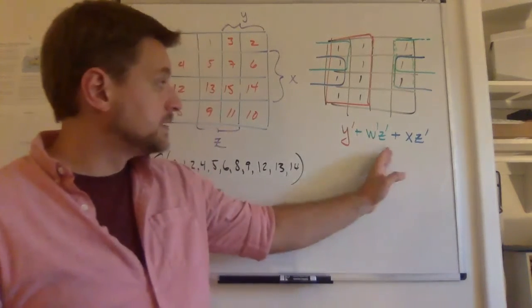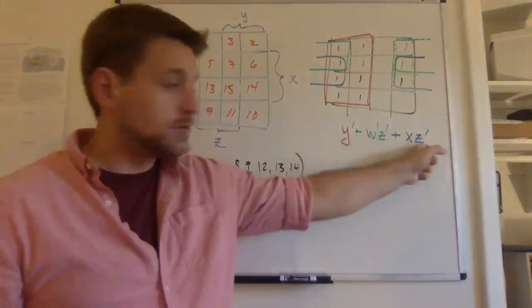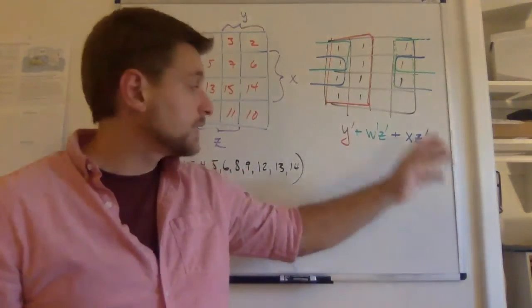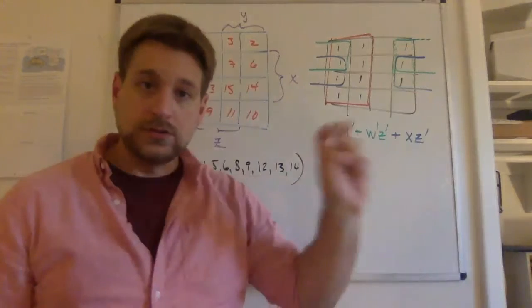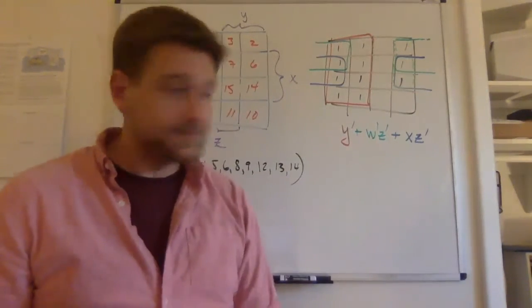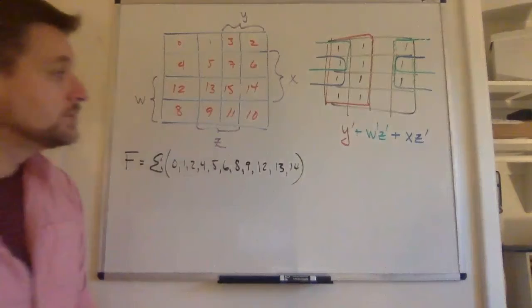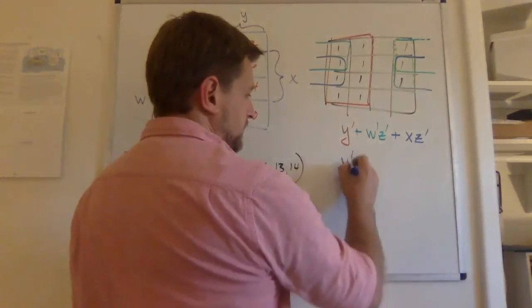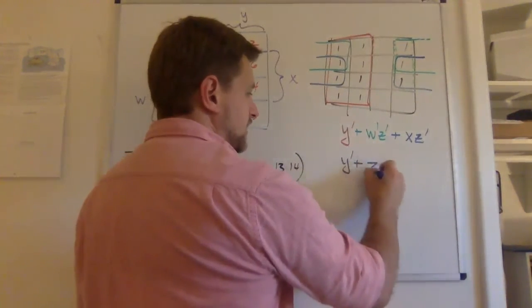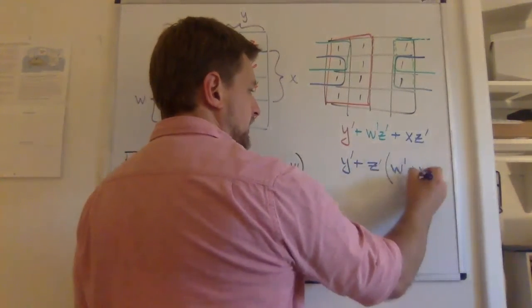We still need a 3-input OR gate and two 2-input AND gates. I guess we can maybe save if we write it with the z complement factored out: w plus x.